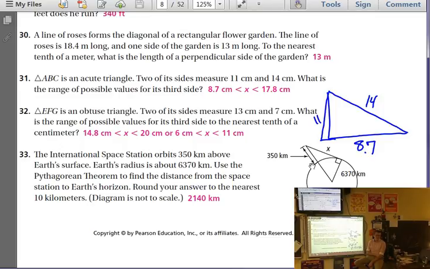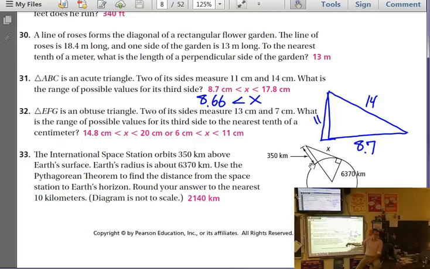An acute angle. So if you really want to be precise, 8.66 cannot be the length, but if it's bigger than 8.66, then you're okay, because then it's no longer a right triangle. So it should be 8.7. Well, so they just rounded.